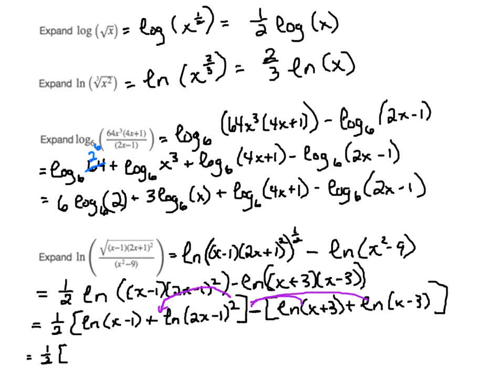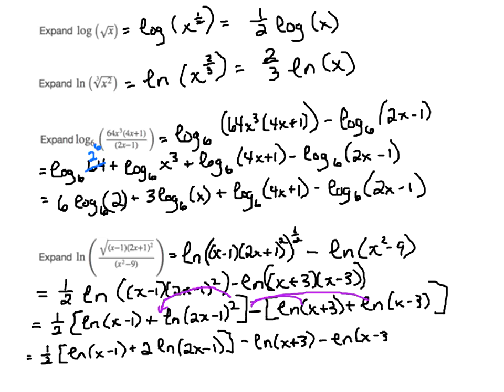1/2 times the ln of x minus 1 plus 2 times the ln of 2x minus 1 minus the ln of x plus 3 minus the ln of x minus 3. And then the last thing that I'm going to do is distribute this 1/2 to each of those.